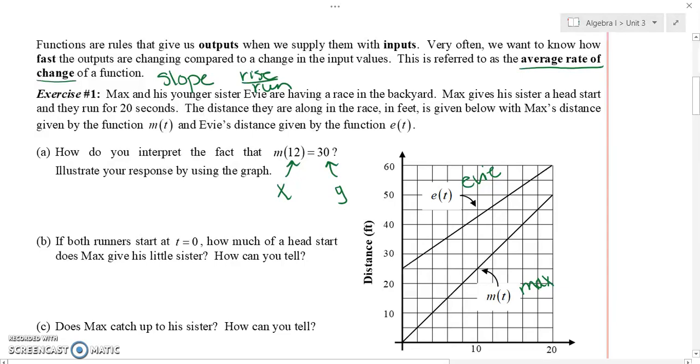Well, we know our x, which is 12, and we know our y, which is 30. So let's go to our graph and let's actually find that point. Now you see across this axis, we're going up by what? 2's. So to get to 12, we're right here. So here's 12, and we're going to go up to 30. Here's 30, here's 12. So this is the point 12, 30.